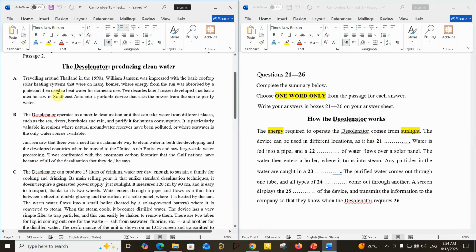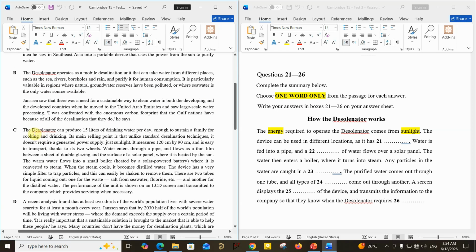So go through the paragraphs. Maybe two or three sentences is enough for each paragraph. Just move your eyes so quickly to find sunlight. Nothing there. You see, sometimes I go from right to left.